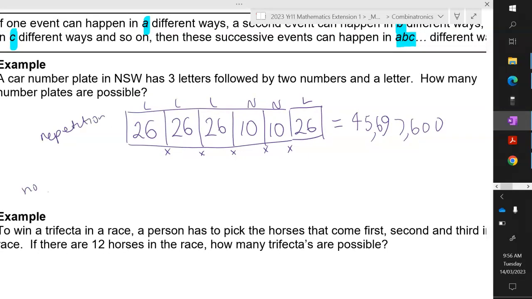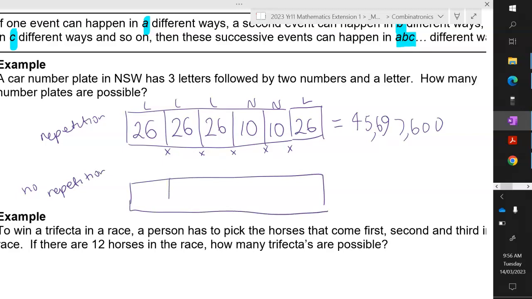If we have no repetition, let's think about what's going to happen there. I'll just box this up again. I like to box it up so we have an actual place for each of our numbers. We can still have 26 letters for our first one. What we're going to assume is that we've used up one of those letters.